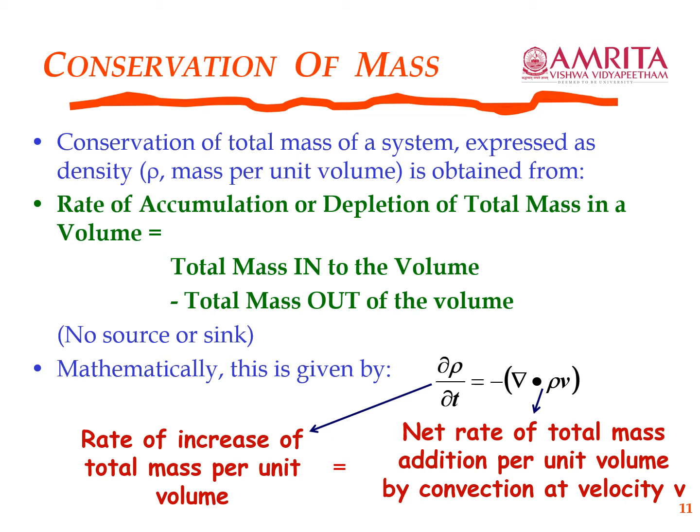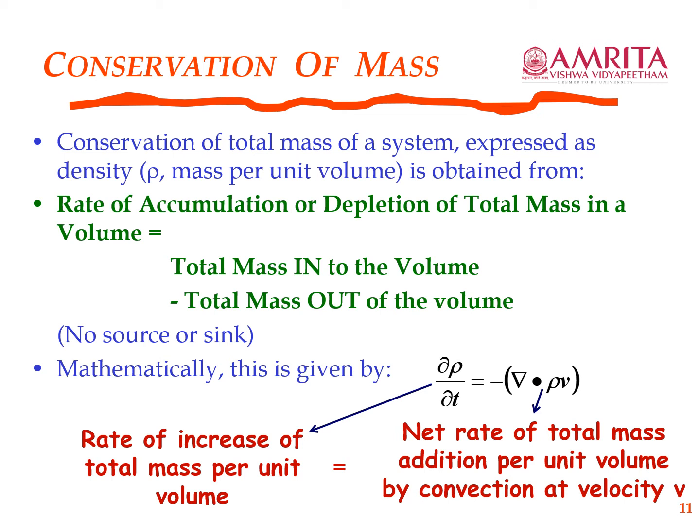This is what I was trying to explain a couple of slides back: the net rate at which a fluid is coming in or going out of a control volume, a small infinitesimal volume, is captured effectively in the conservation equation by this divergence term. How this happens mathematically is something we will see in a future lecture.